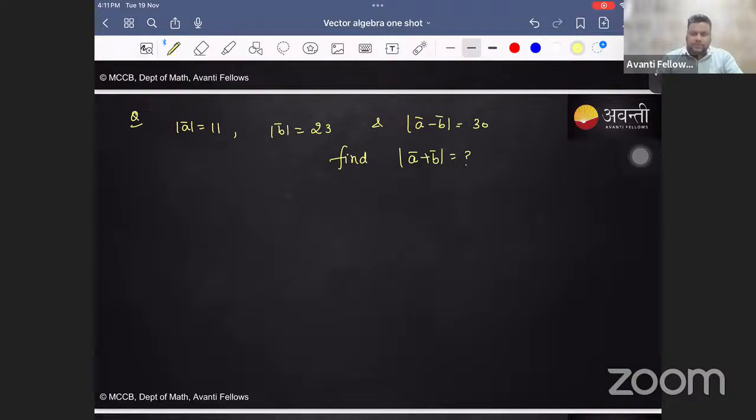See how simple it is. I know that magnitude of A plus B whole square is magnitude of A square plus magnitude of B square plus twice of A dot B. Isn't it?